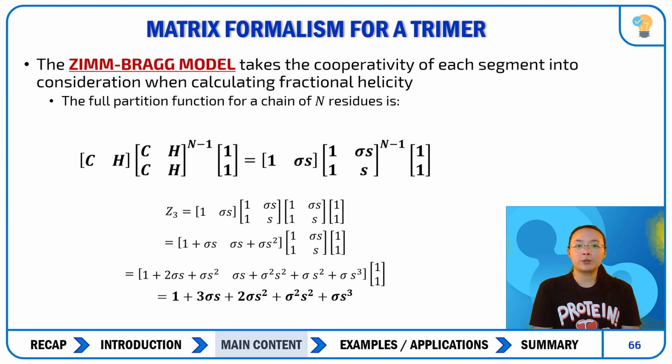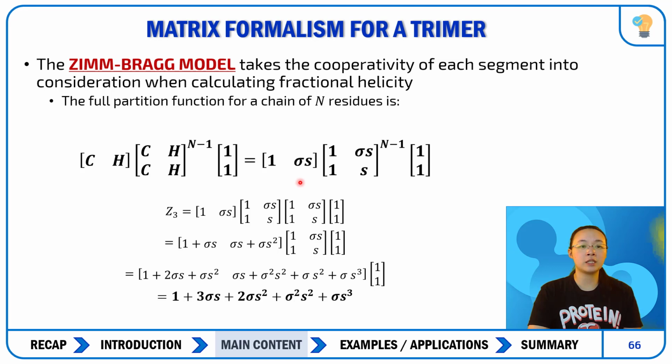So we should probably go through what matrix formalism is. The Zimm-Bragg model basically takes the cooperativity of each segment into consideration when calculating fractional helicity. You can write the full partition function for a chain of n residues using these matrices. So you have CH in the first one to represent the statistical weight vector.